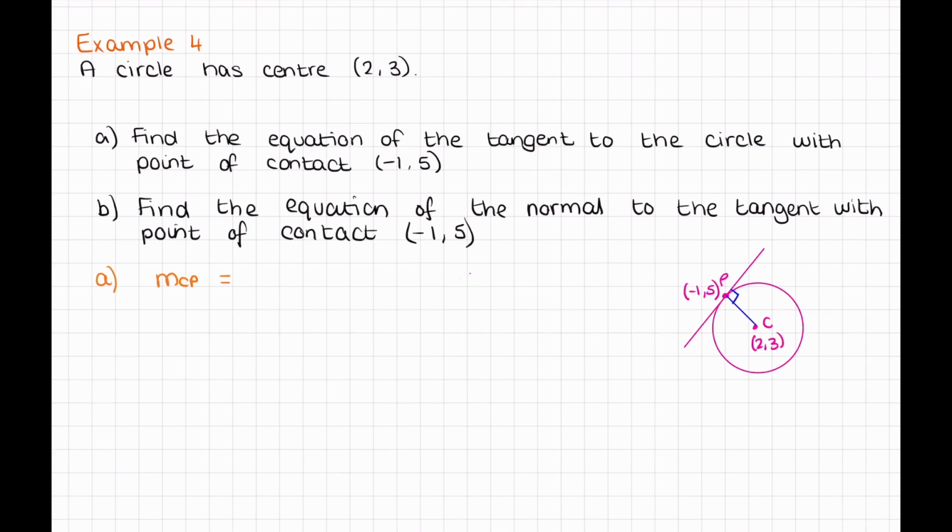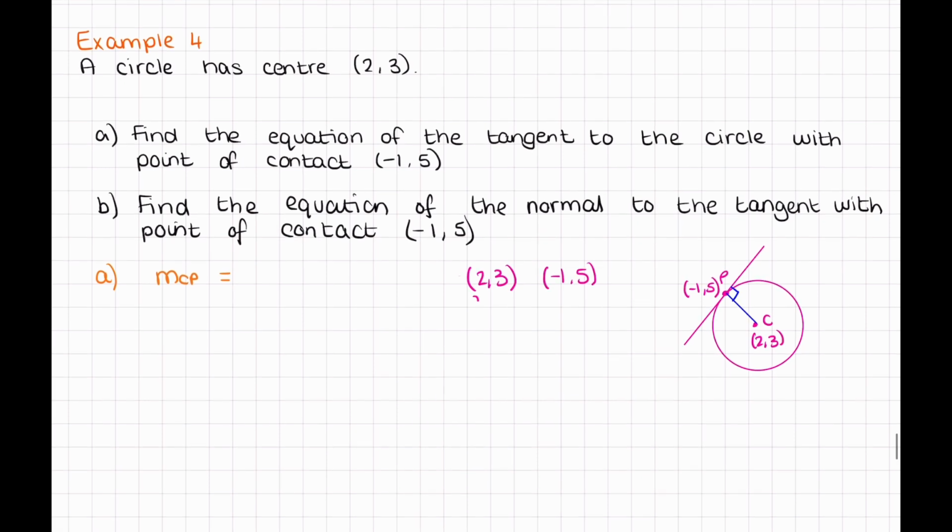So we have our 2 points of 2, 3 and negative 1, 5, and we'll have our x1, y1 and x2, y2 to put into our gradient formula. Remember, y2 minus y1, which would be 5 minus 3, over x2, negative 1, minus x1, which is 2. Solve that and we'll get 2 over negative 3, so negative 2/3.